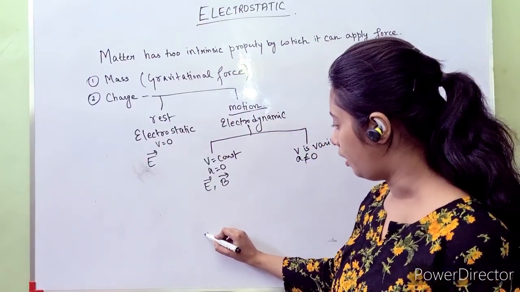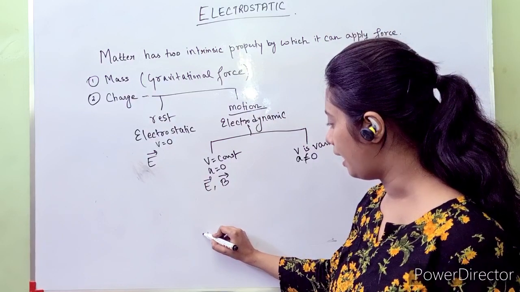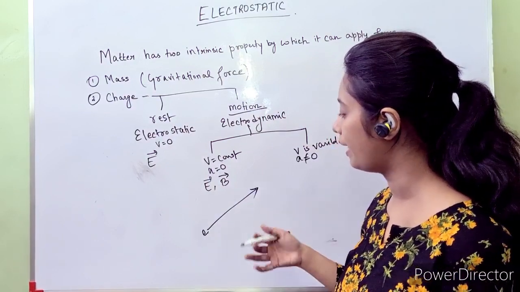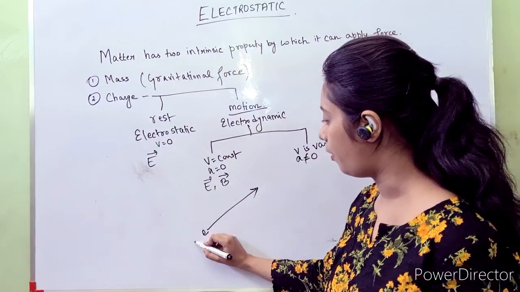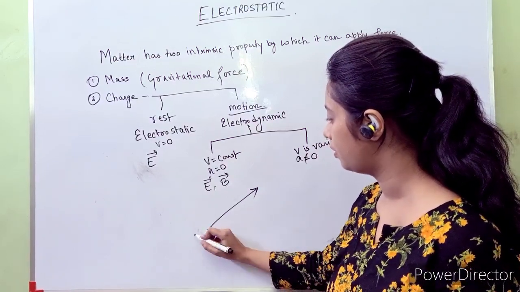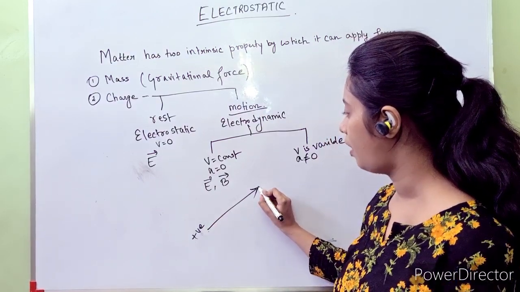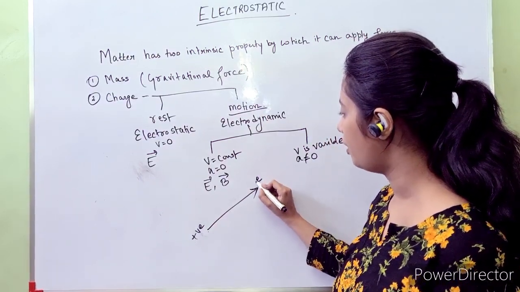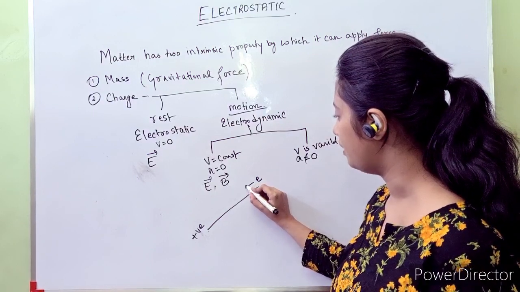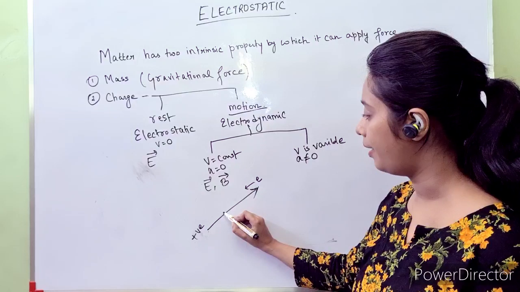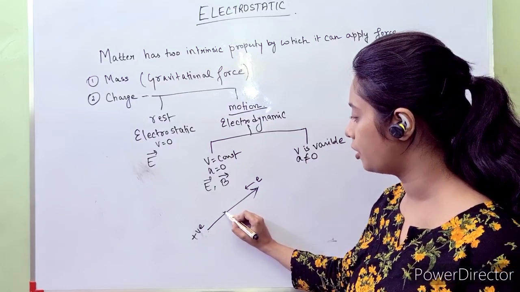You know, when electrons move, or when a positive charge is moving this way, or an electron is moving in this direction, then current is along the direction of the positive charge.